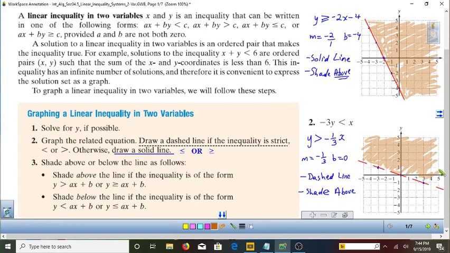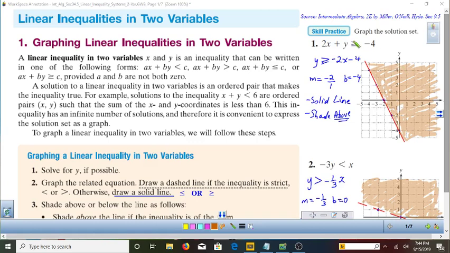And to illustrate what we're talking about, if I take a random point in the shaded region, it should make that inequality statement true. Let's go back up here to the first example. Let's say I choose this point 0, 3. That means when x is 0, y is 3, and the inequality gives you a true statement. 2 times 0 is 0, plus 3 is 3. 3 is greater than or equal to negative 4 because positive numbers are greater than negative numbers.